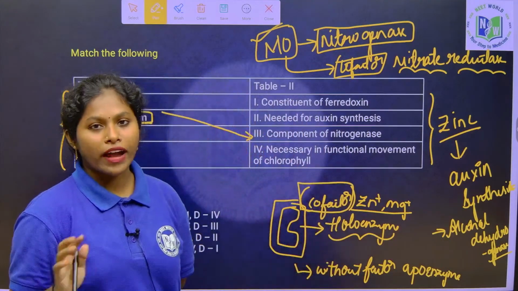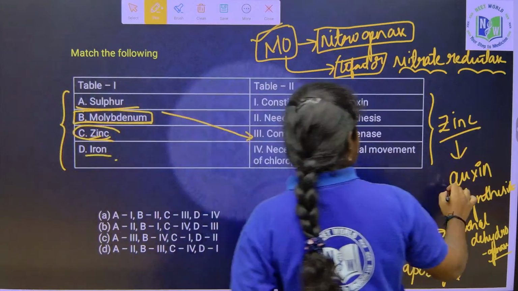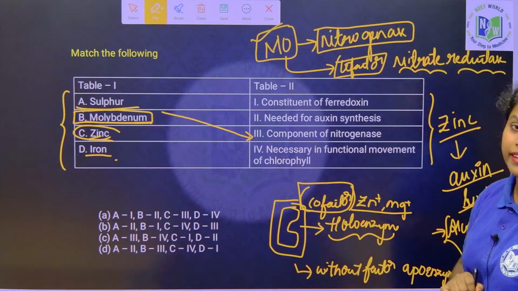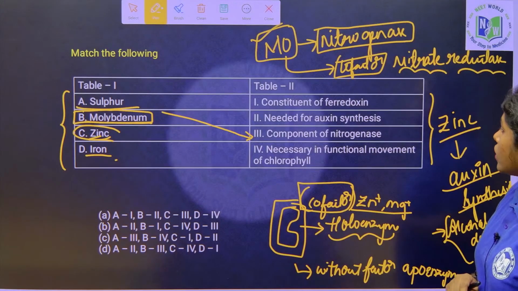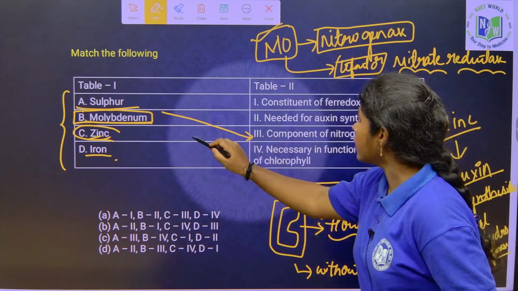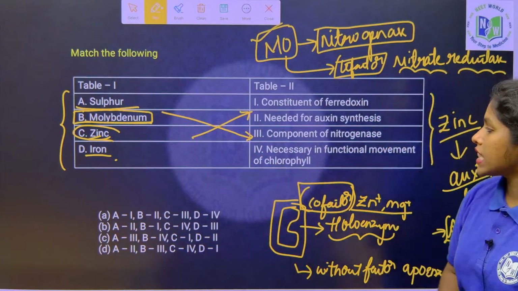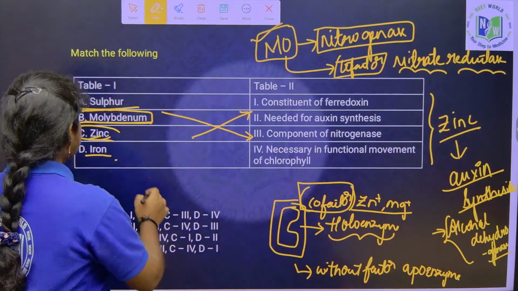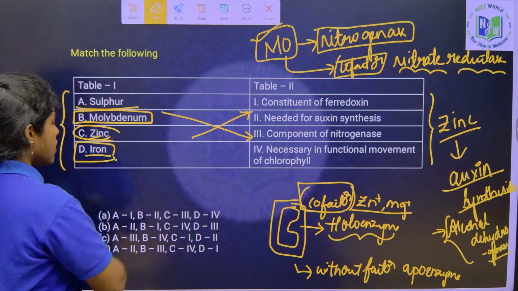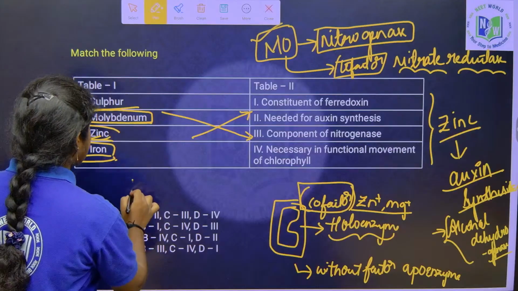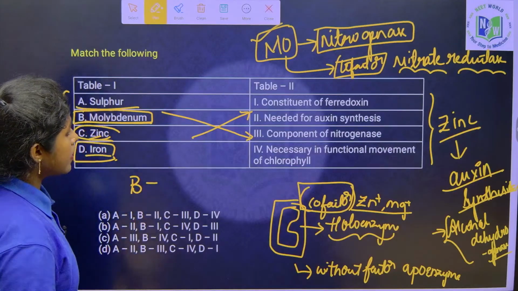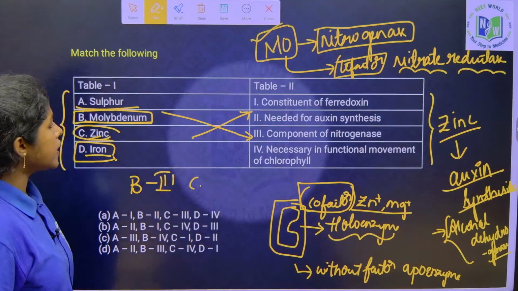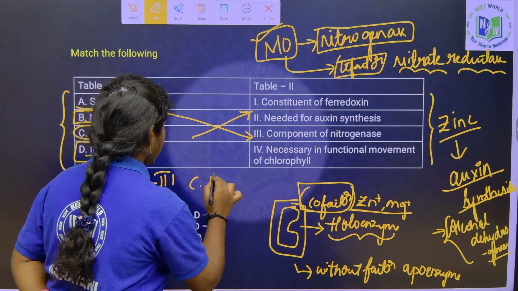Zinc is mainly involved in auxin synthesis and also in the activation of the alcohol dehydrogenase enzyme. So let's see the zinc: it is needed for auxin synthesis. Coming to the iron. So see, first option B is option 3 and C is option 2, right?